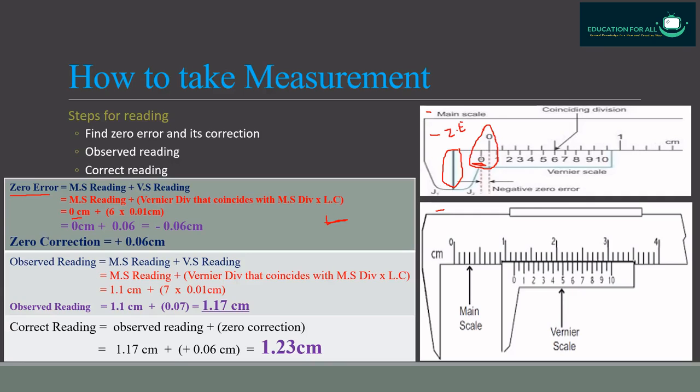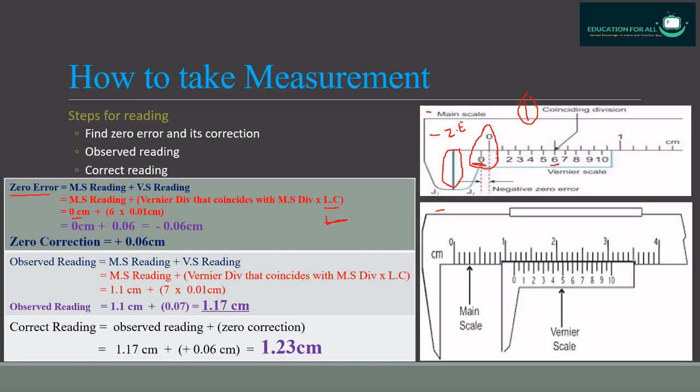Now, how will you find the vernier scale reading? The formula for vernier scale reading is the vernier division that coincides with the main scale division multiplied by the least count. Least count of what? Least count of the vernier calipers. When you are confirmed that there is a zero error, you will see which division of the vernier scale is coinciding with a main scale division.